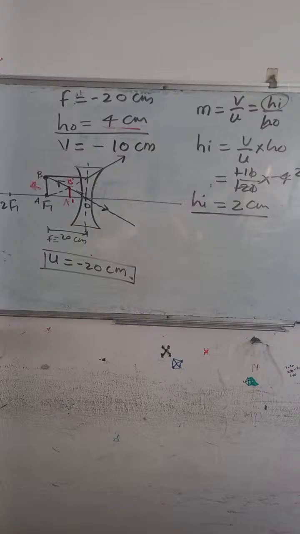Define the focal length of the divergent lens. Second, a divergent lens of focal length 30 cm forms the image of an object of size 6 cm on the same side as the object at a distance of 15 cm from its optical center.